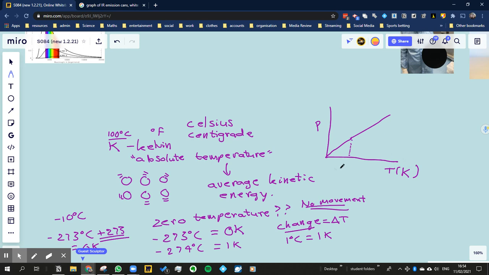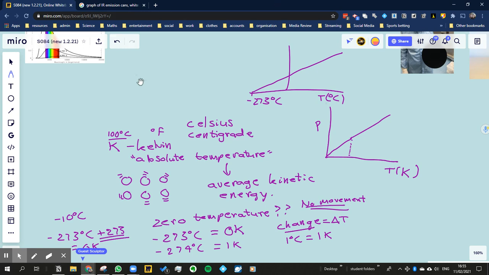Otherwise, it would look more like this. And if this is T in degrees C, that would be minus 273 degrees C. So we have to use the correct unit for temperature in order for everything else to make sense.